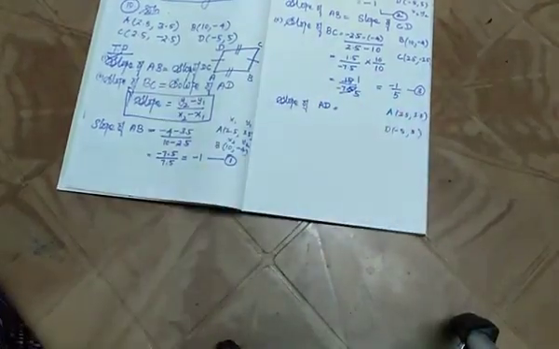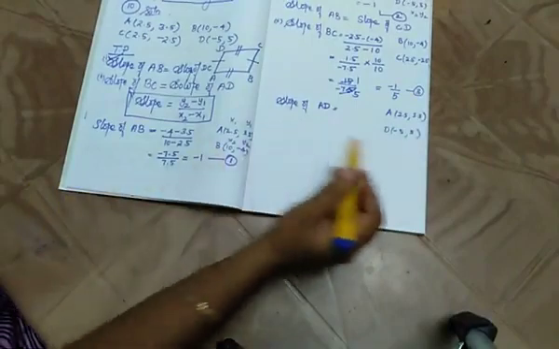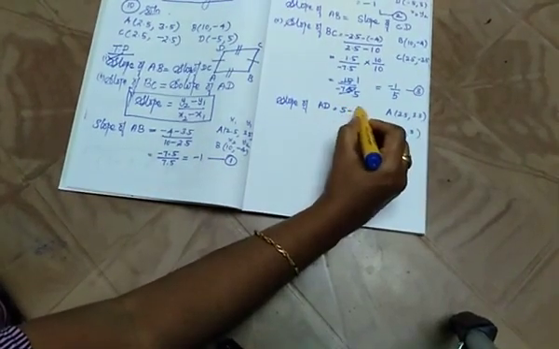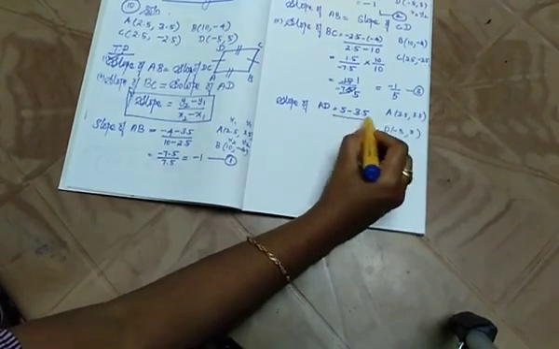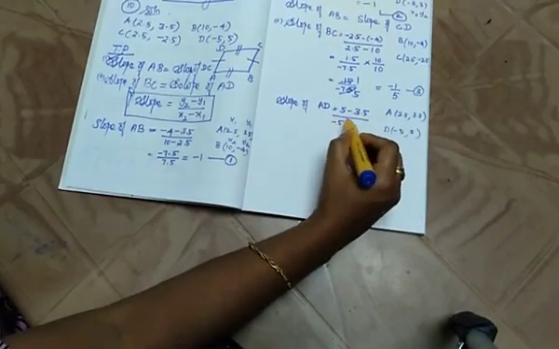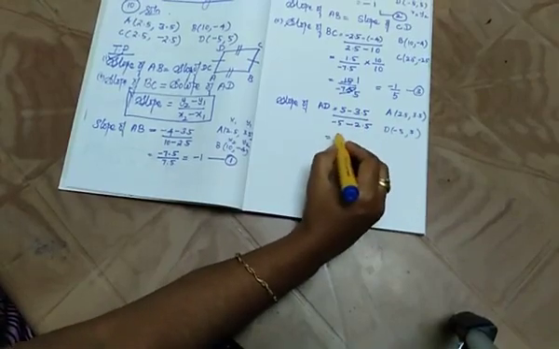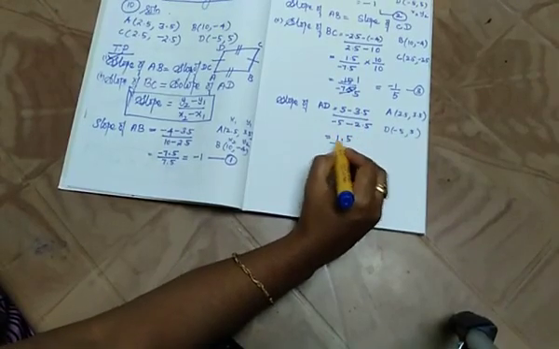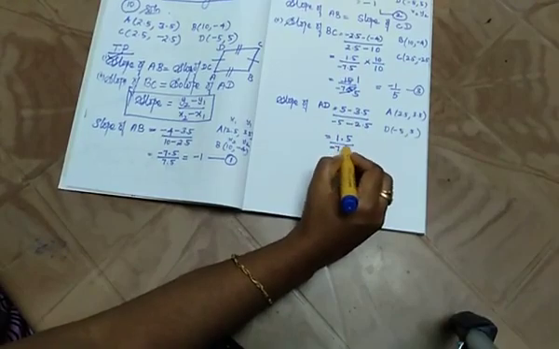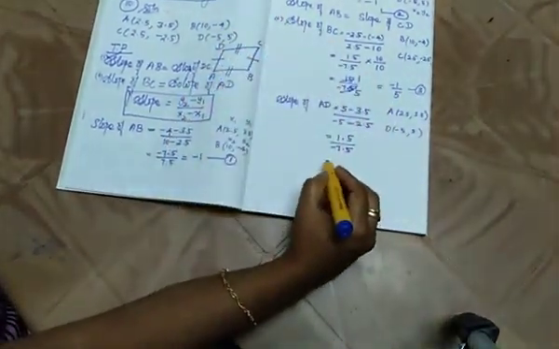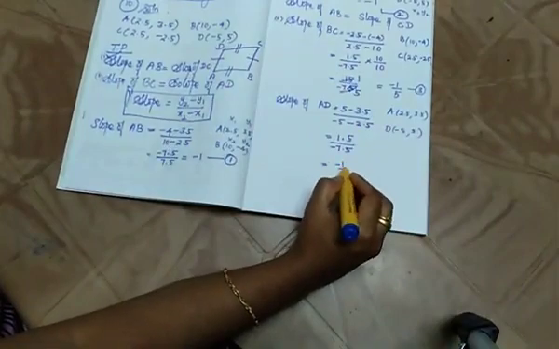So y2 minus y1 over x2 minus x1: 5 minus 3.5 divided by minus 5 minus 2.5. 5 minus 3.5 is 1.5, divided by minus 7.5. Same as before, so finally if we cancel, it means minus 1 by 5.